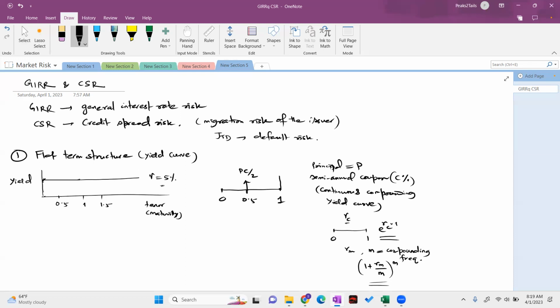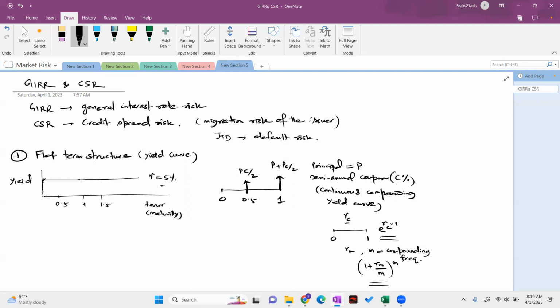What is the cash flow here? Can somebody tell me quickly? P plus PC by 2. Perfect. Principal plus the coupon. All right.